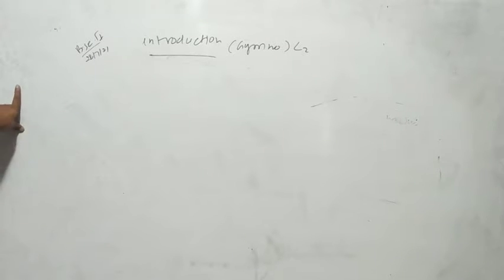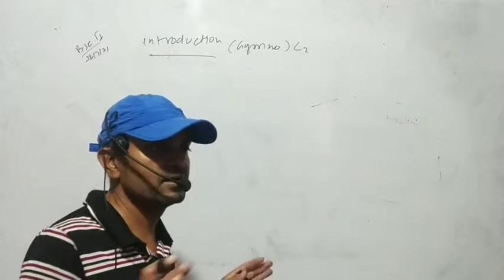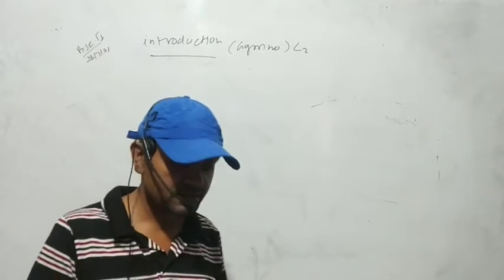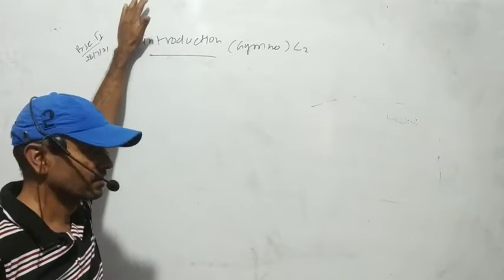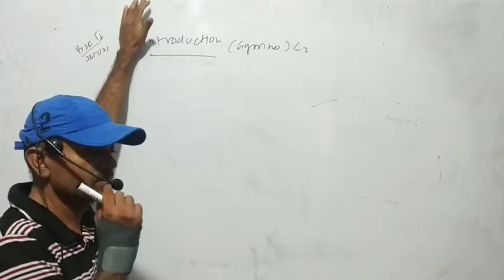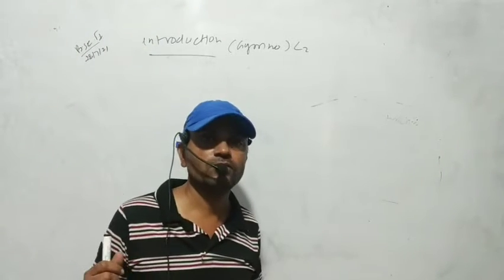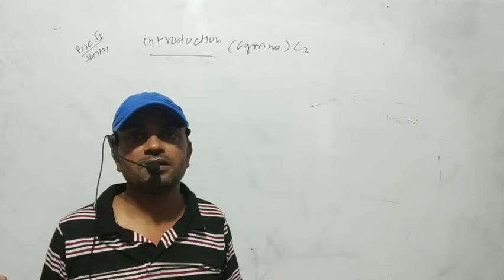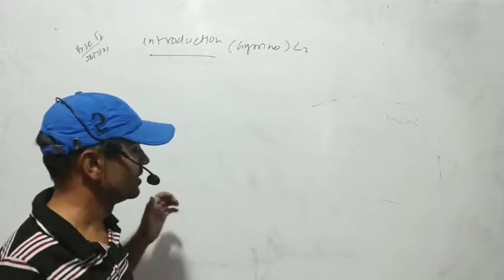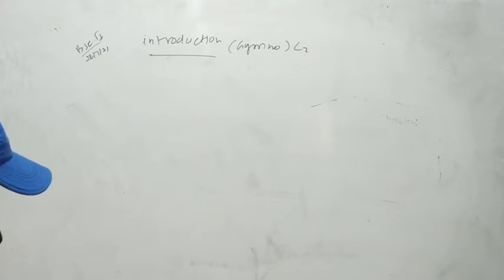What is the term megasporophyll? Megasporophyll means when a leaf bears ovules, then the structure is called a megasporophyll. In Cycas, no female cone is found, only megasporophylls are found.